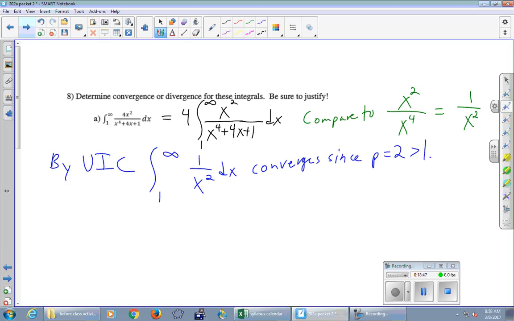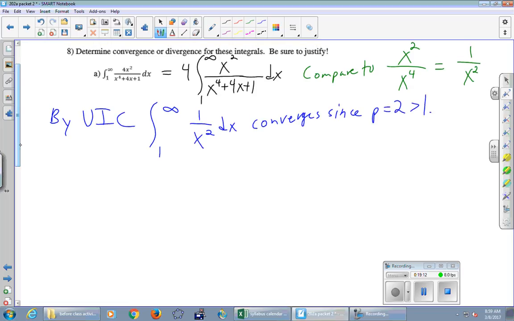Need it to be less. If our integral happens to be less than this finite thing, then our integral is also finite, right? It's smaller than a finite number. If our integral happens to be more than this finite thing, that was one of the cases where we can't draw any conclusions, right? So we're really hoping that the inequality goes in the right direction, that our integrand is less than this one. Okay, let's give it a shot.